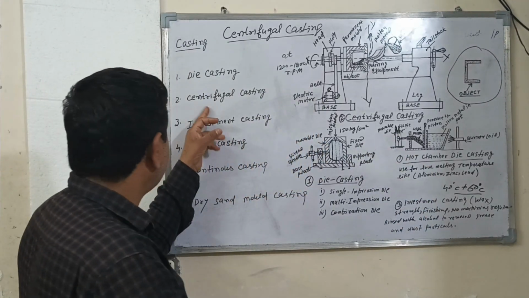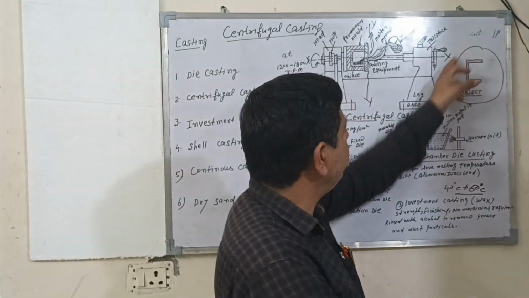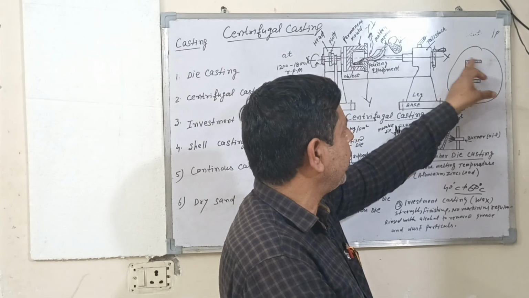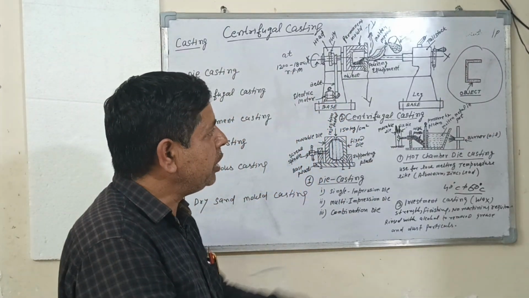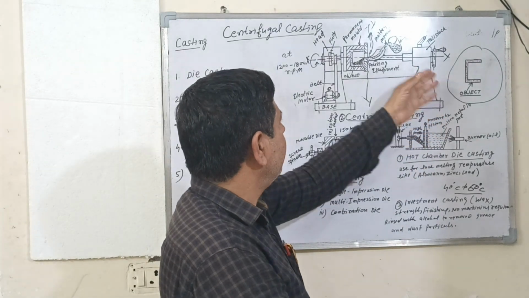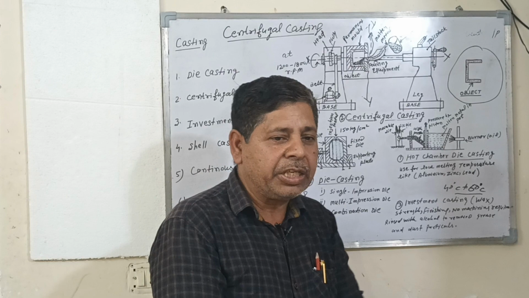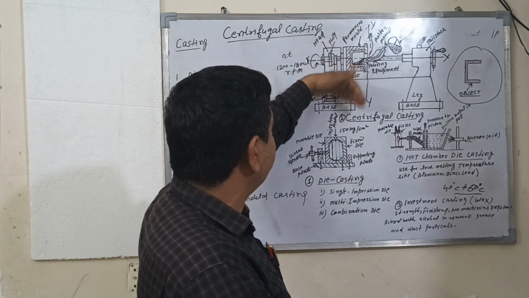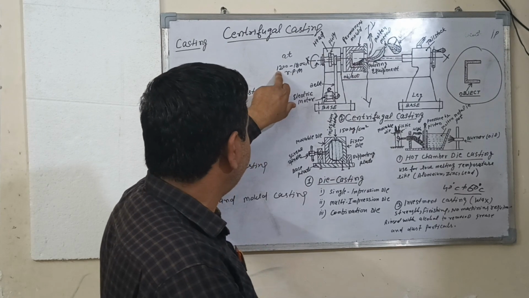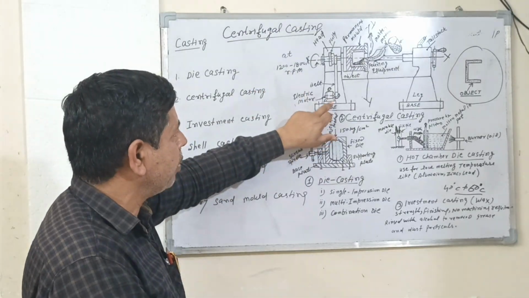Last number is centrifugal casting. So for centrifugal casting, first you take a component like this. This is hollow. So how do we produce this type of component with the help of centrifugal casting? Centrifugal casting is carried out in a permanent mold. The permanent mold moves at a speed of 1200 to 1800 rpm with the help of an electric motor.